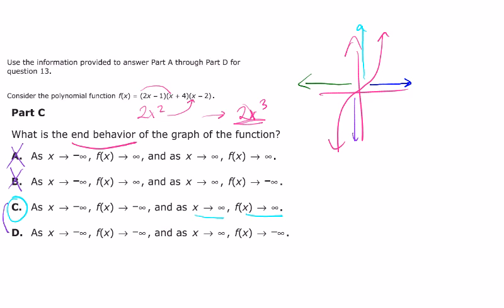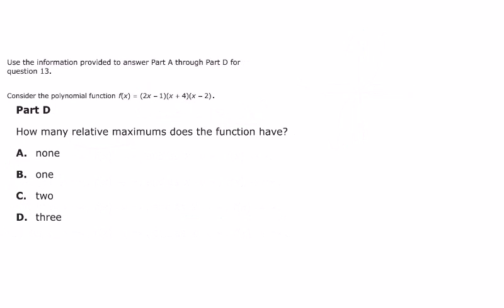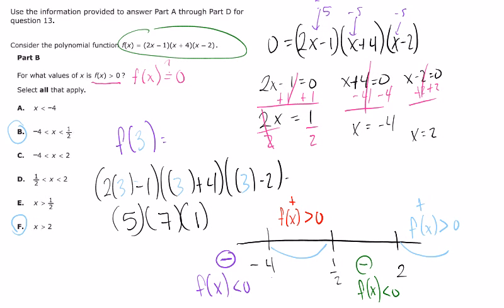Alright, and then part D. Same function. This time it asks how many relative maximums. Now this goes back to the second one that we did. Remember, we found right here that f of x was negative, then positive, then negative, then positive.